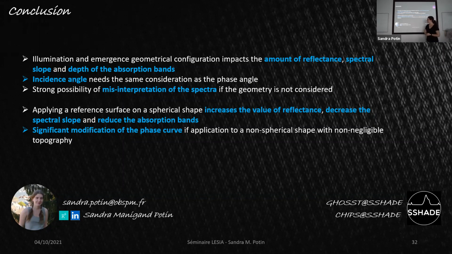And finally, I showed you that the shape and the topography of an asteroid strongly impact its unresolved observation. We have to be very careful when we compare unresolved observations of asteroids with measurements in the laboratory, because we have differences only due to the fact that our targets are not flat. Thank you very much for being here.